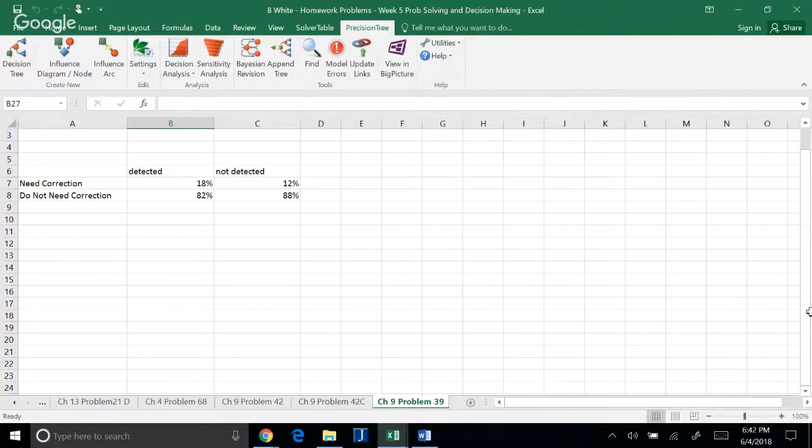All right. So problem 939. 18% of all cars inspected in Pennsylvania have problems that need to be corrected. Okay. So cars that have problems, 18%.